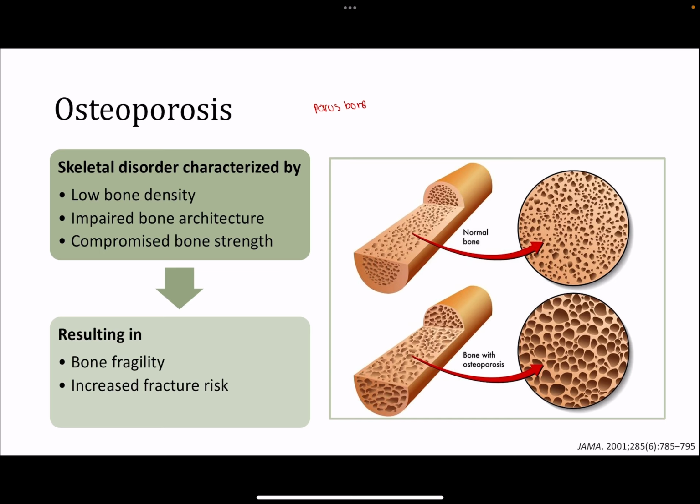If you look at the picture to your right, you can tell the differences between a normal bone and a bone with osteoporosis. And you could see why patients with osteoporosis would be at an increased risk of fracture, because they do have more pores in the bone.